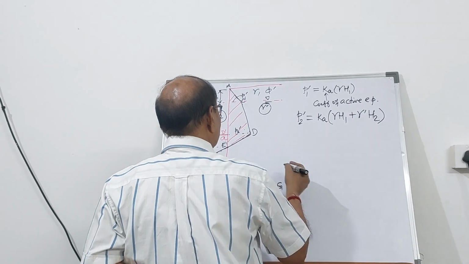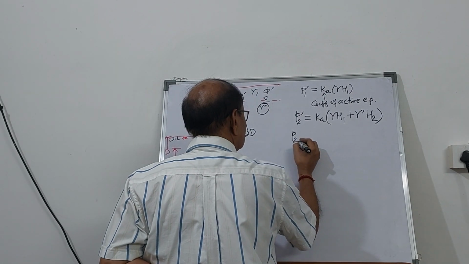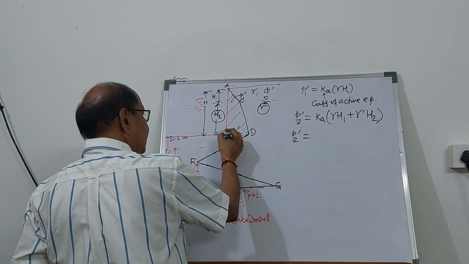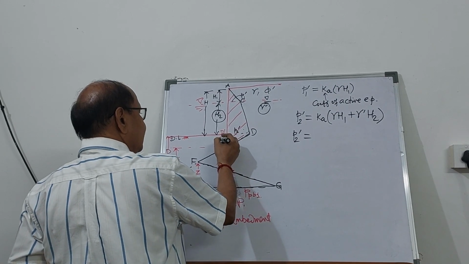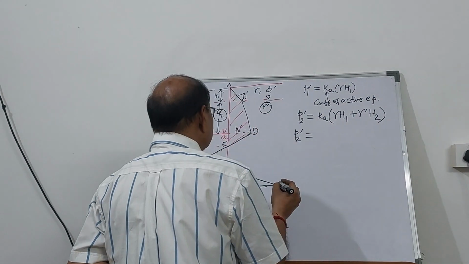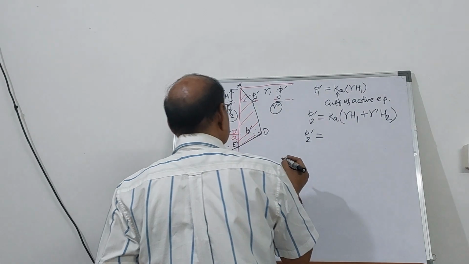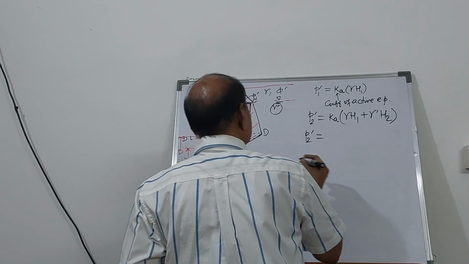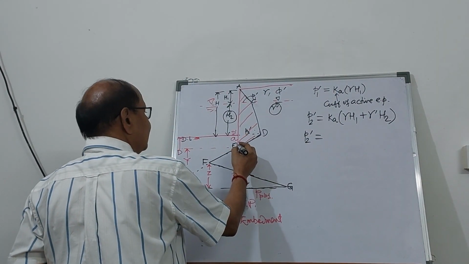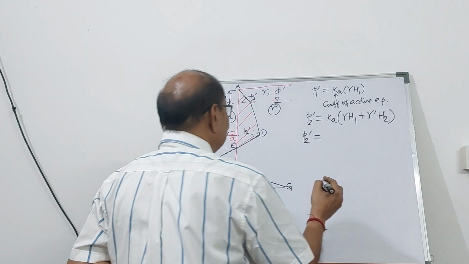Having known P2 prime, for the remaining part, you see D prime to E, the distance is A. So A is the distance between D prime and E. On this side it is going to be active, this side it is going to be passive.